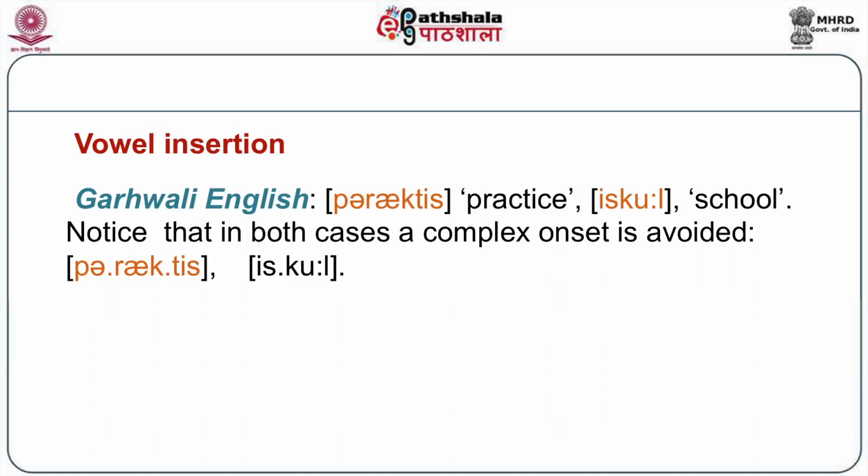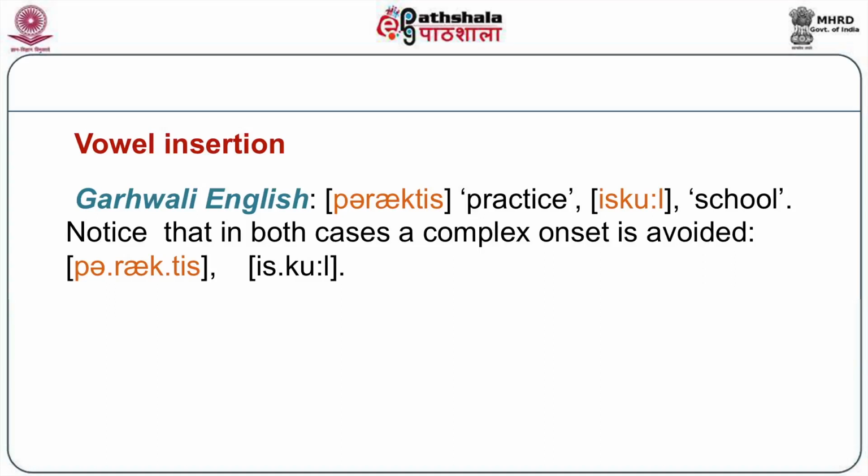Thus, if you say iscool, then you avoid having two consonants at the beginning, or when you say sircool, then also you avoid having two consonants at the beginning. Thus, the insertion of a vowel is in order to avoid a certain syllable structure and to turn it into a syllable structure that is acceptable in the language.